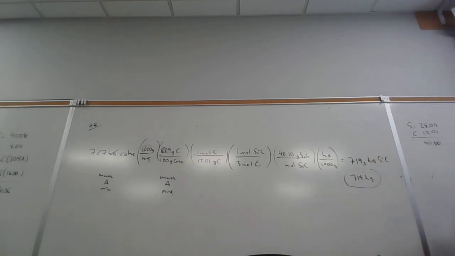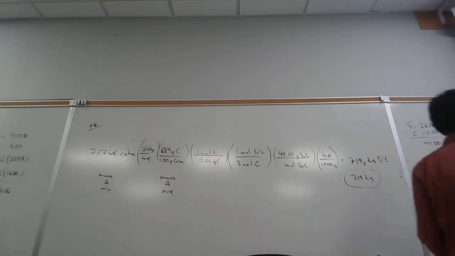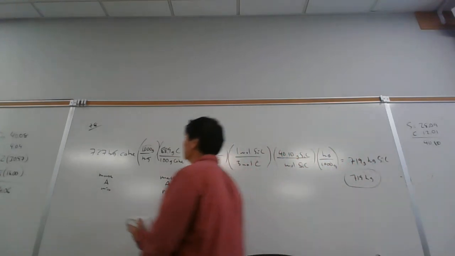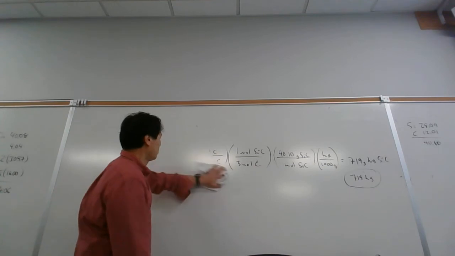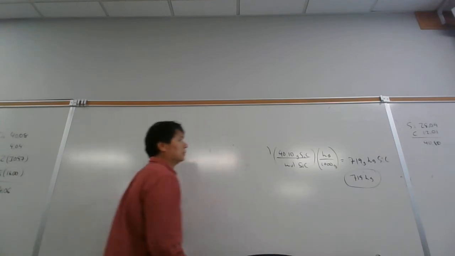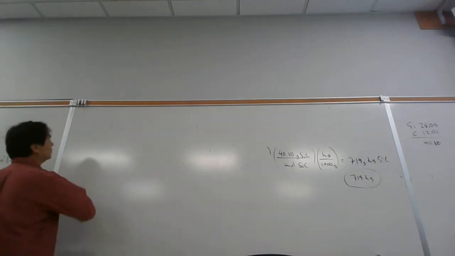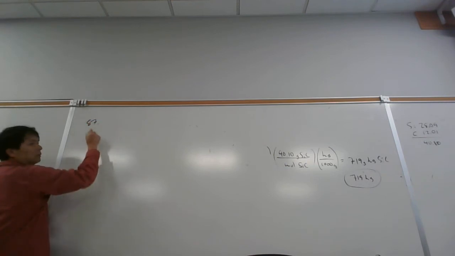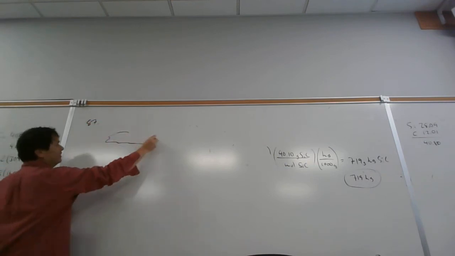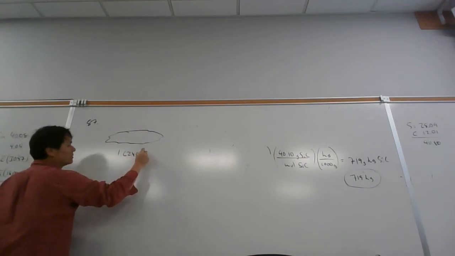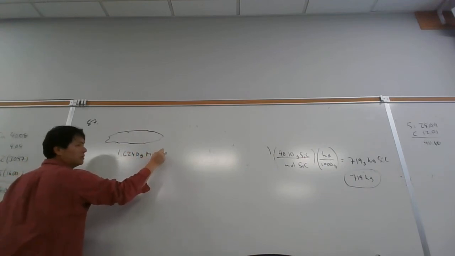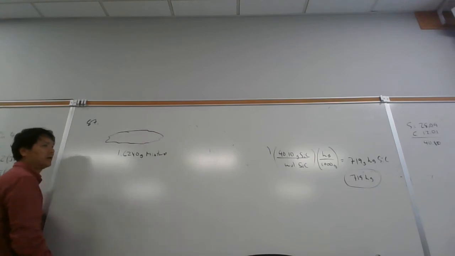87, a student was given a 1.6240 gram sample of a mixture. So you get some kind of mixture here where it's 1.6240 grams of mixture. They tell us what's in the mixture. It's sodium nitrate.